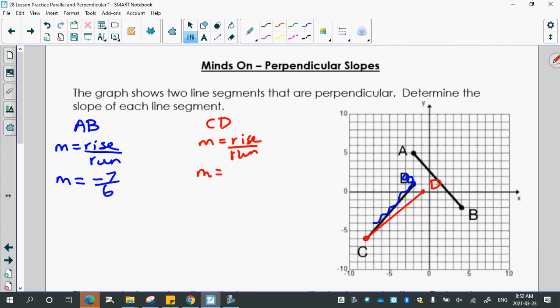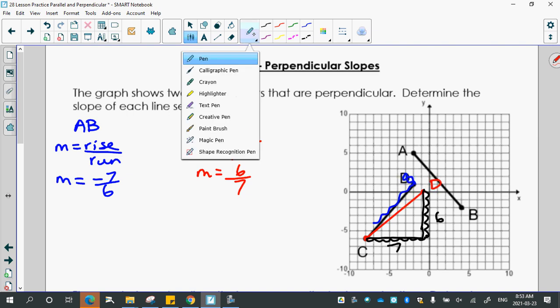So we know for CD that it has a positive slope. I'm going to make a right triangle. So with my new spot for D, rise is +6, and the run is 7. And if you were to take your ruler and have CD hit AB, it should look like it hits it at a 90-degree angle.